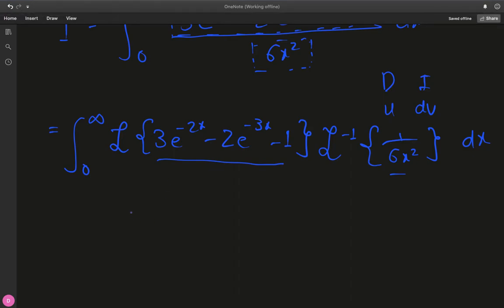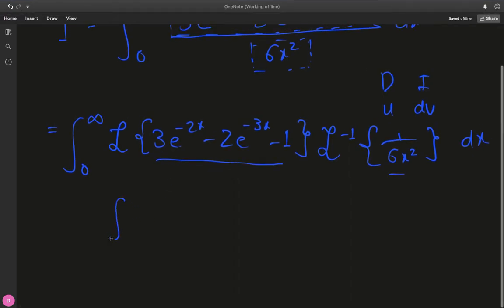So for the Laplace transform now, again, we can use the definition: the integral from 0 to infinity of e raised to minus st times e raised to, let x be t for this case, for the general case, minus some constant a times t dt.